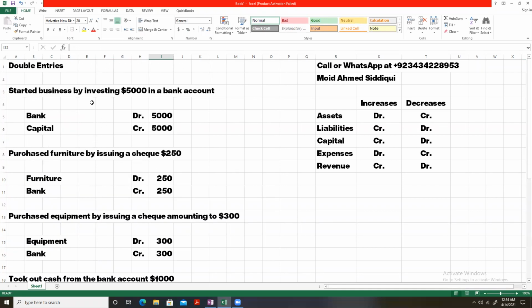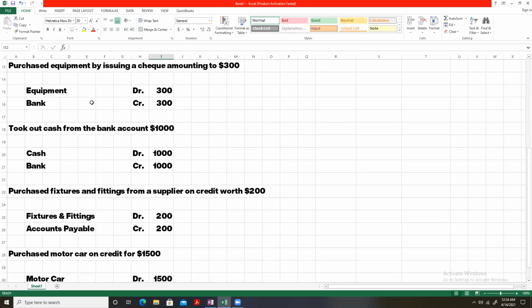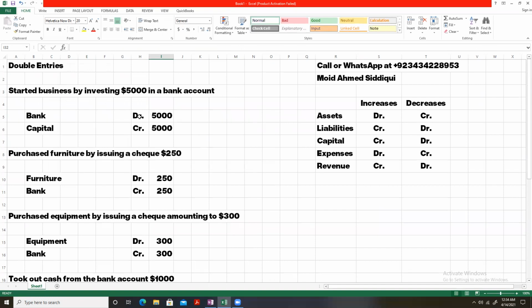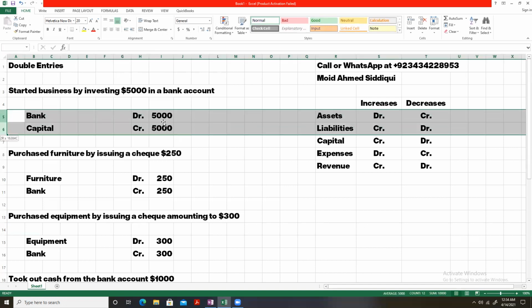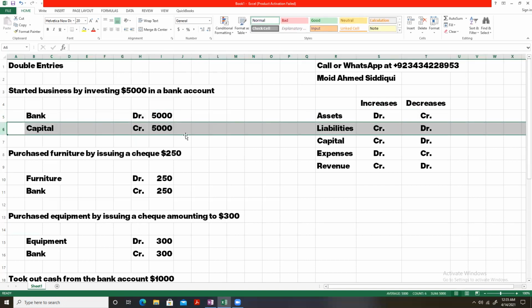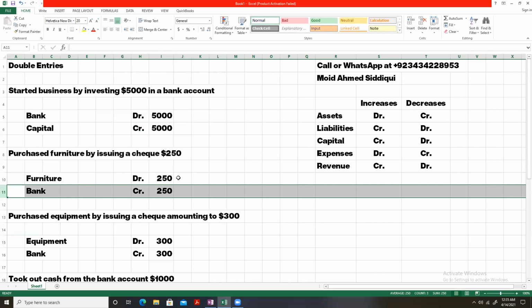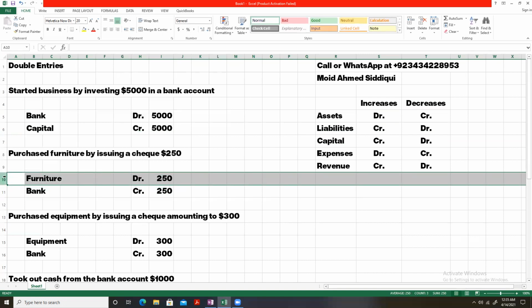So these are some examples of transactions and how these transactions are recorded in the books of accounts. And this is known as the double entry bookkeeping system. Whenever a transaction takes place, we debit something, and for each debit, there is an equal credit. Please note that the amount of debit is always equal to the amount of credit in double entry bookkeeping.